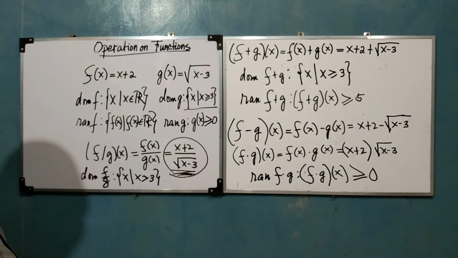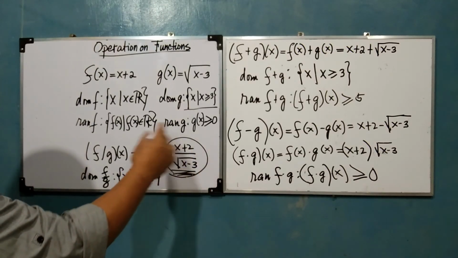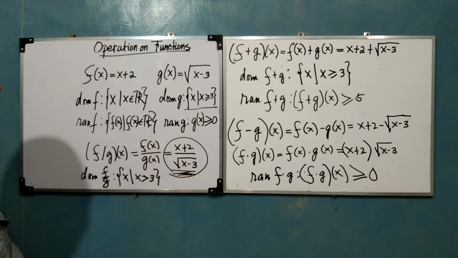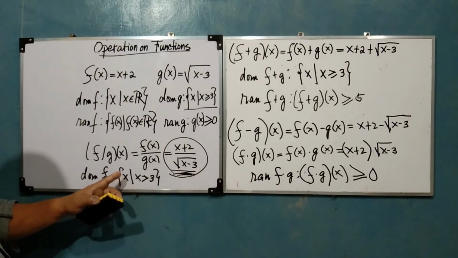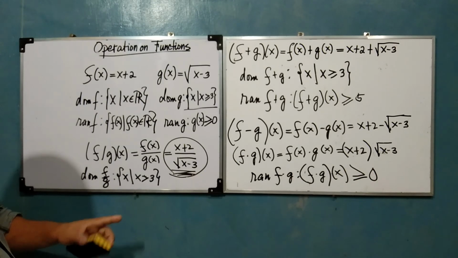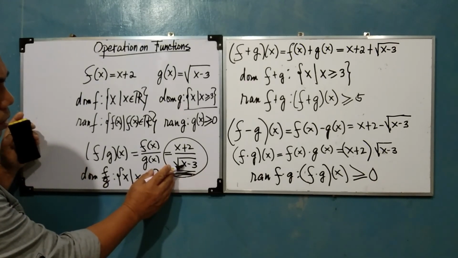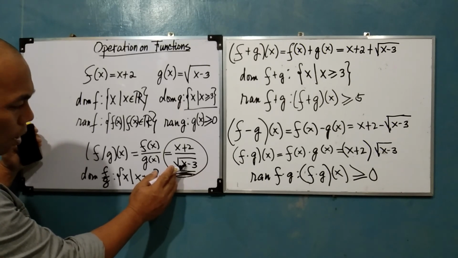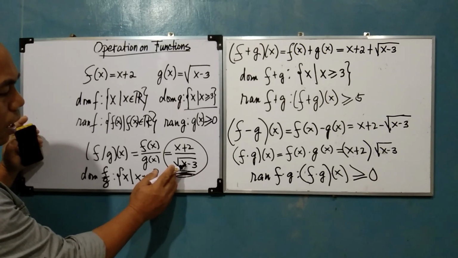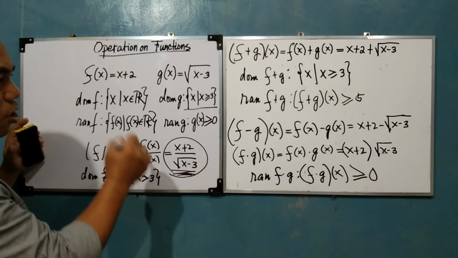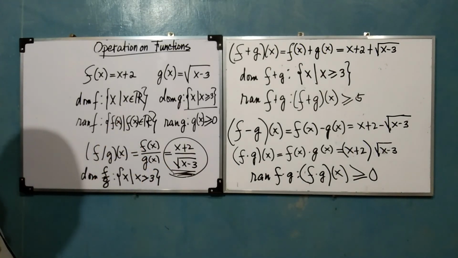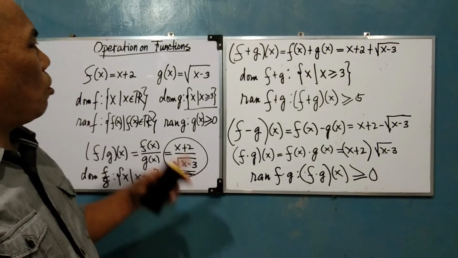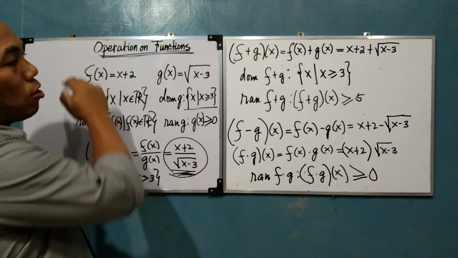Okay? What about the range of the quotient? If x is 3, this is 0, and when x is greater than 3, we are sure that the range is also greater than 0. Okay, so that's all about operation on functions.